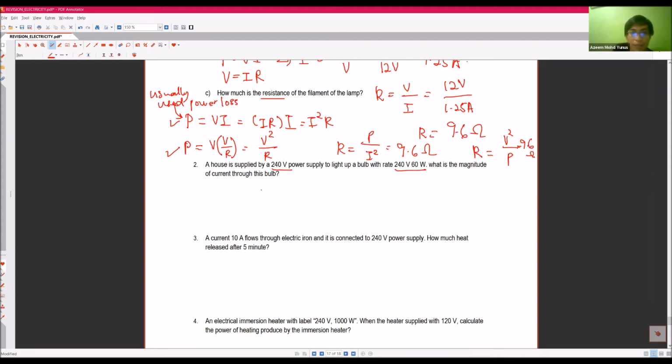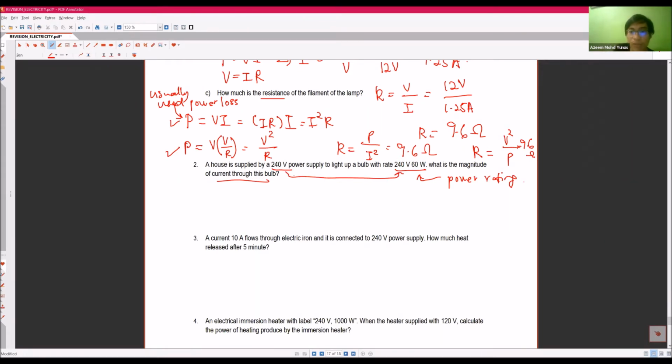What is the magnitude of current through this bulb? Basically, this is the power rating, and the voltage supply is 240, which is equal to the voltage level of the power rating.